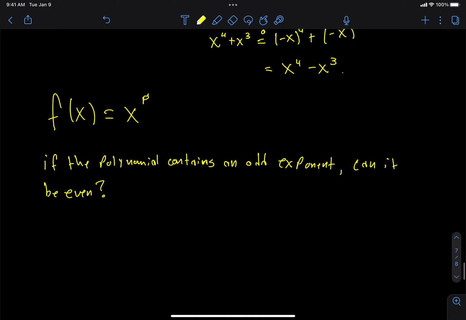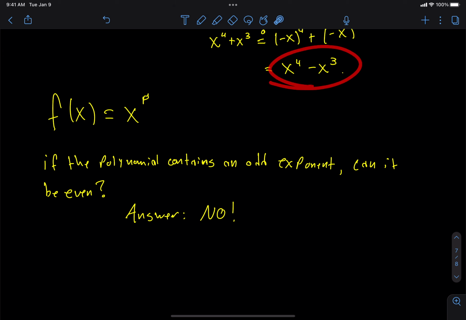I would say I don't think so. I think that the answer here is no. So yes, if you see something like x to the fourth minus x cubed, you can already tell that it's not going to be even because it contains a term which has an odd degree. Yeah, I'm like 99% sure that this is the answer to this question.